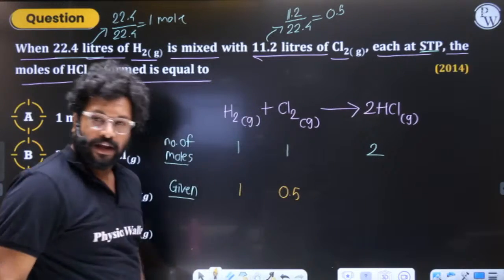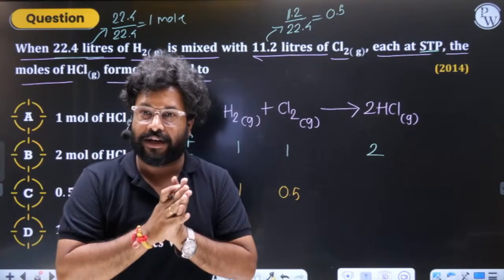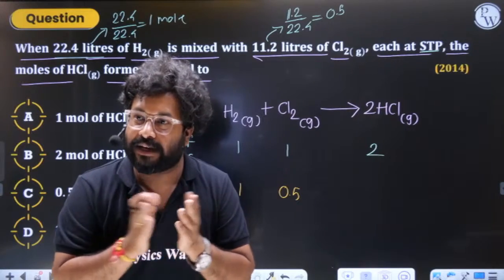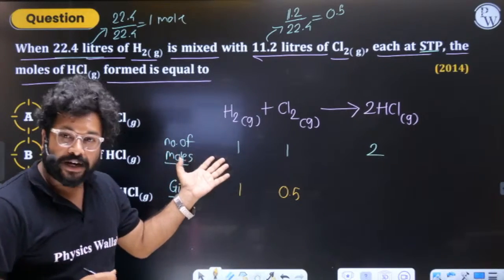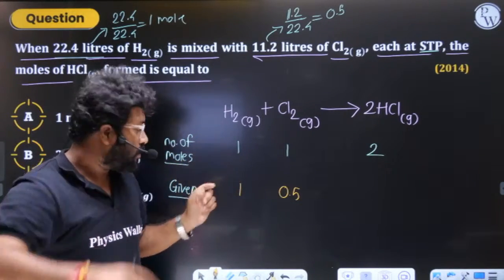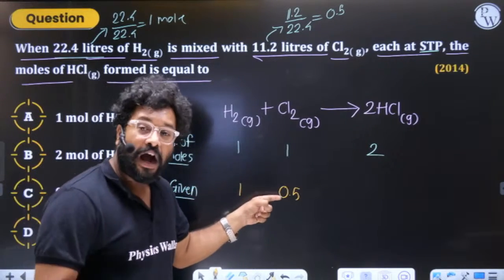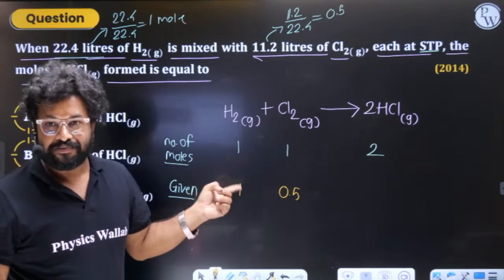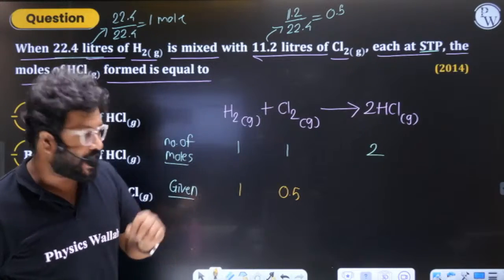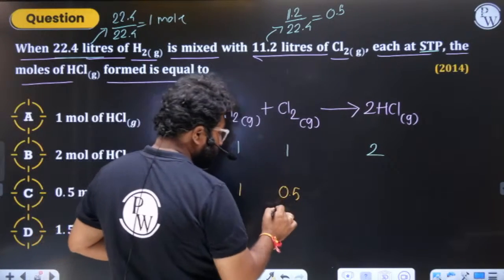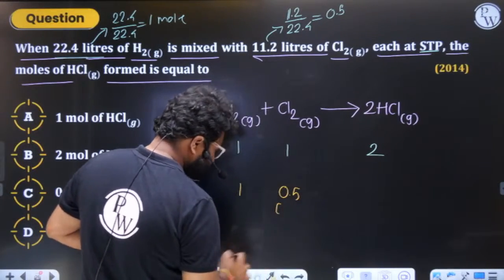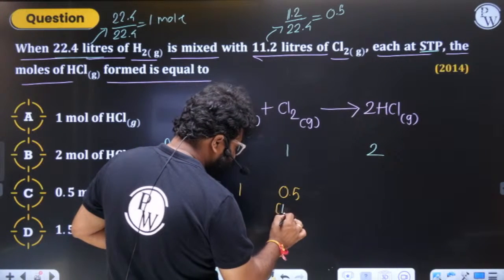Now you tell me, what is the limiting reagent here? For 1 mole of hydrogen, you need 1 mole of chlorine. But for 1 mole of hydrogen, we have only half mole of chlorine. So yes, beta Chandu, you're right. That means chlorine is the limiting reagent here.